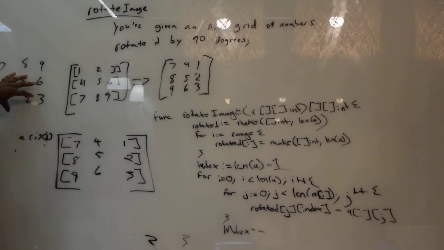No, you don't want to turn it. If you turn it, you swap, then you move 7. You don't want to move 7. You want to move 8 and you want to move 9. You want to move 8 to that second row right there, and you want to move 9 to that diagonal row. So what would the indices look like?